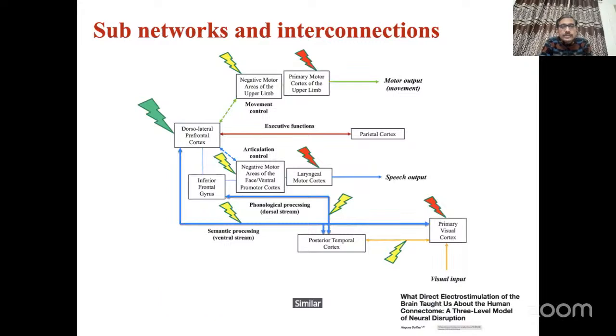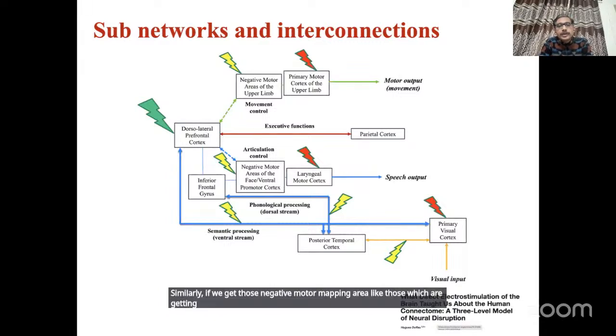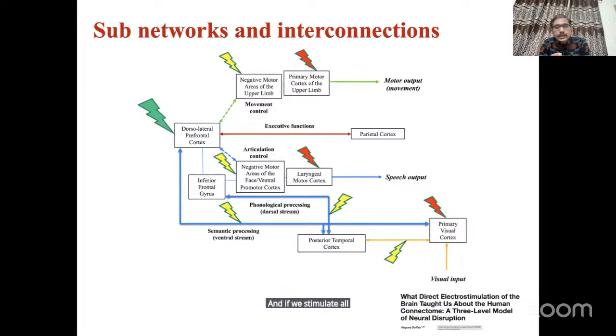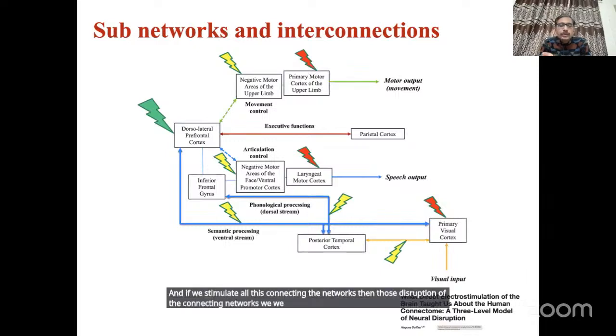Similarly, there are negative motor mapping areas, connected to and controlled from the SMA and pre-SMA, where we may get a negative motor response. And if we stimulate all these connecting networks, the disruption of the connecting networks can elicit phonological or semantic errors or loss of speech and various other functions related to these tracts and networks.